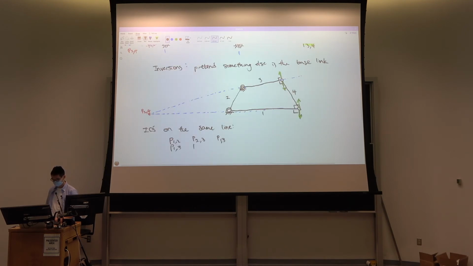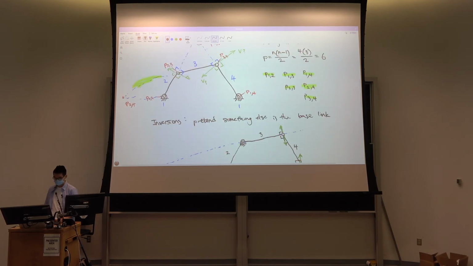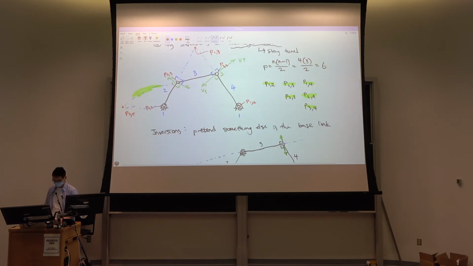P13, P34, and P14. There's 2 more that I think exist. Let's look at this one. So we're pretending this line is straight, right?